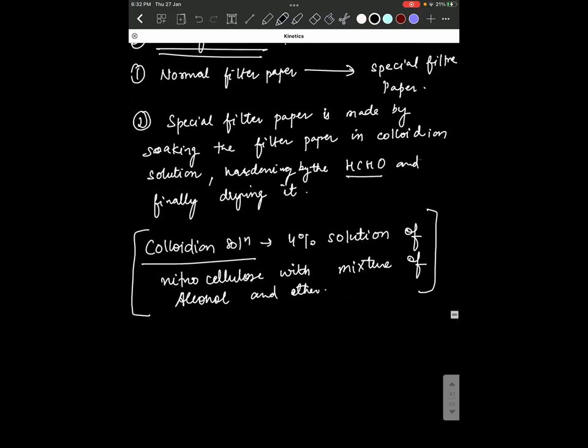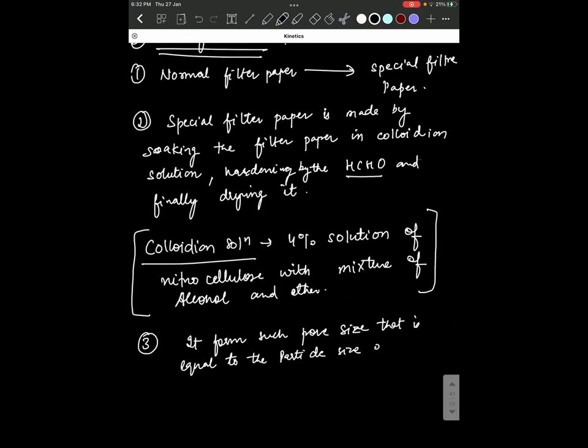After it is dipped in all these and finally dried, what happens to the filter paper? On the filter paper, it forms such a pore size that is equal to the particle size of the true solution.